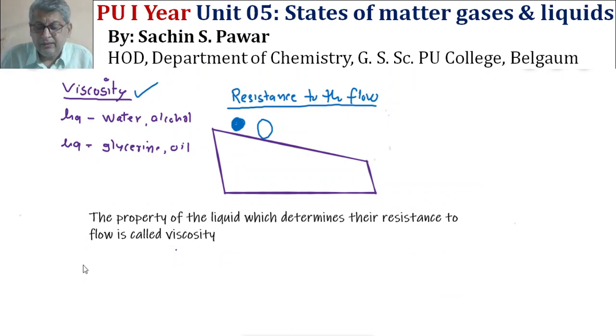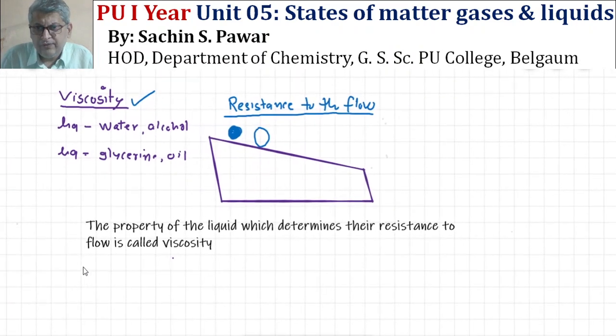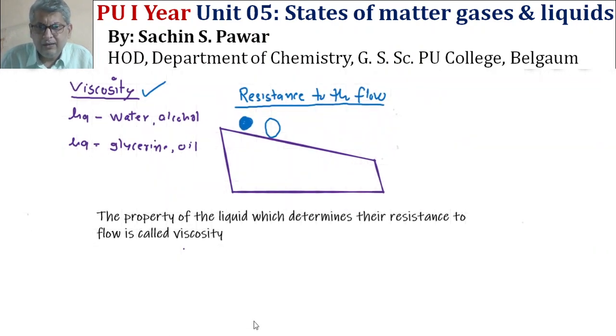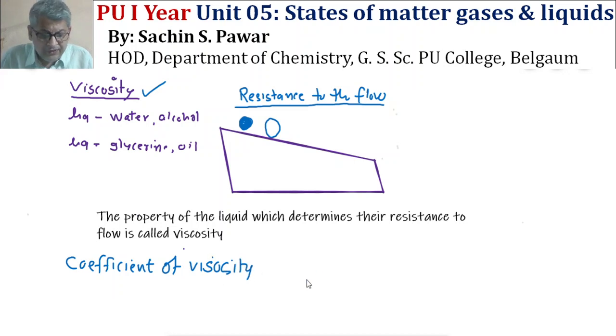We have one viscosity that is known as the coefficient of viscosity. One term you need to understand or remember is the coefficient of viscosity. The coefficient of viscosity is symbolized as eta. Read this as eta. So what is this coefficient of viscosity?